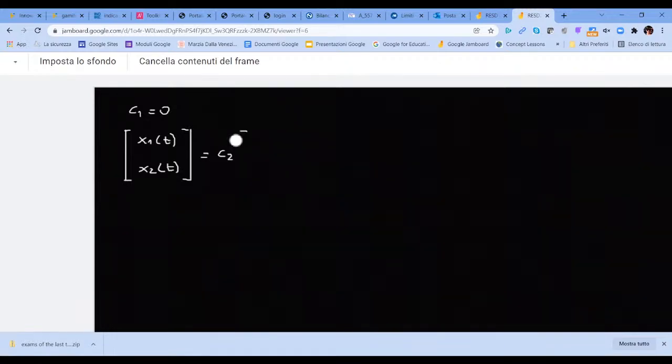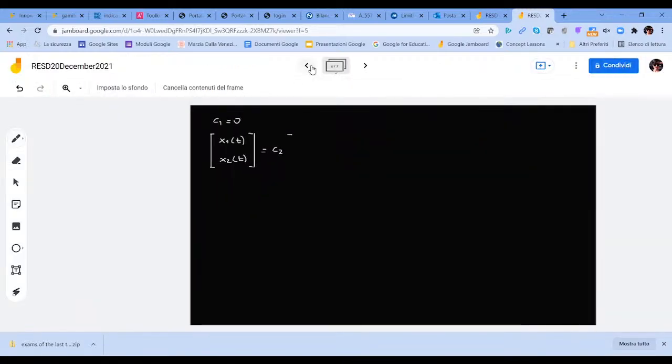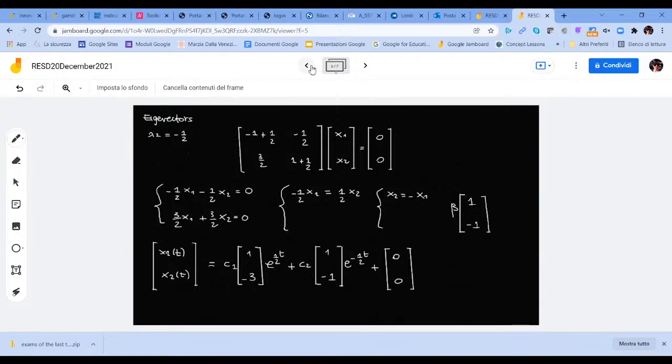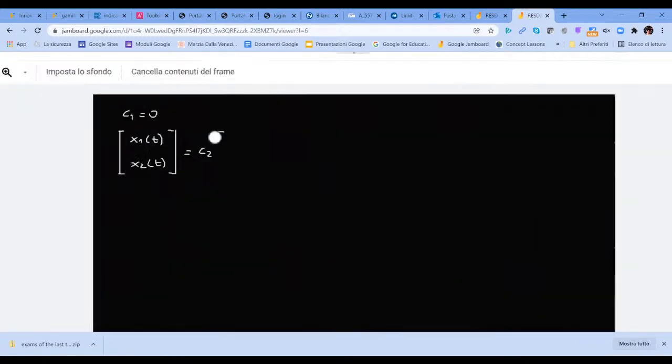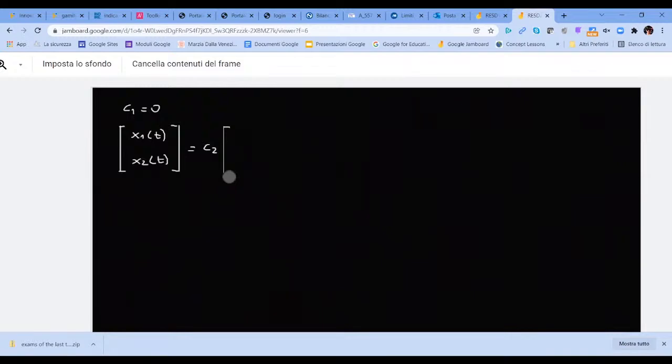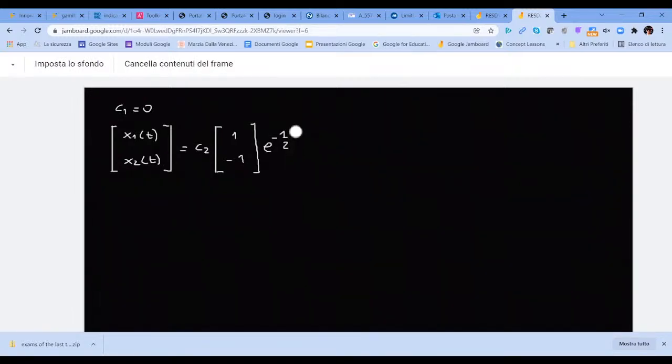C2 times, what was it again? (1, -1), multiplied by e to minus 1/2 t, and then we should have x star and y star, that are our steady state, but it is 0, 0.